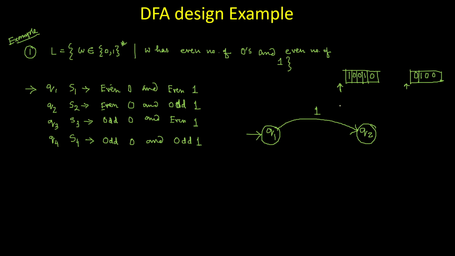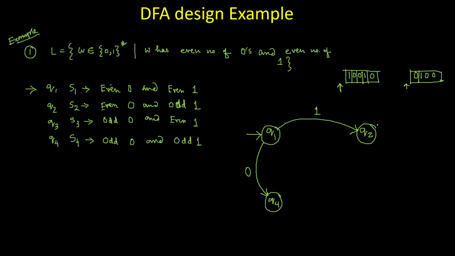So from Q1, on seeing 0, you go to odd number of 0s and even number of 1s, which is Q4. So I write Q4 over here, and on 0 I will jump here. So both directions from Q1 are done.